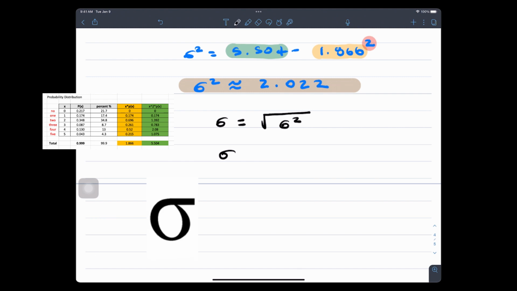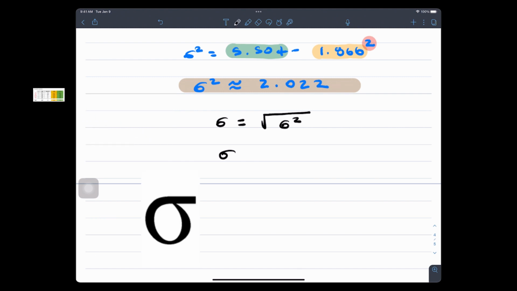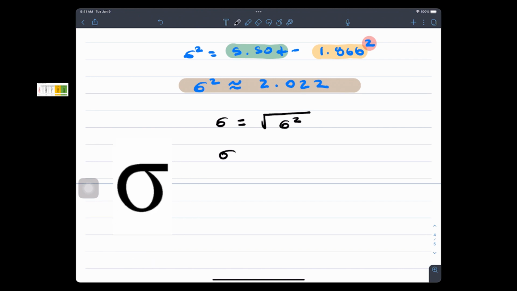This is sigma, by the way. Let's move this out of the way. See what this is? This is sigma. What does it look like to you guys? It's like a sideways 6 or like an O with a fancy O, but it's a Greek letter. So the standard deviation represented by sigma, okay, this is SD for standard deviation.